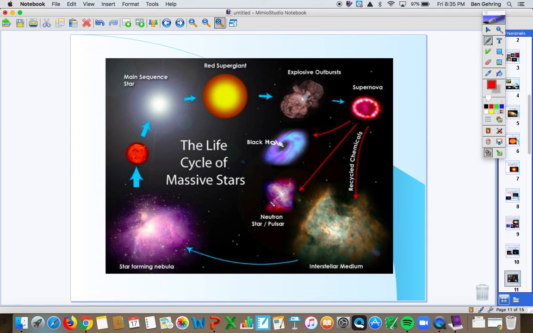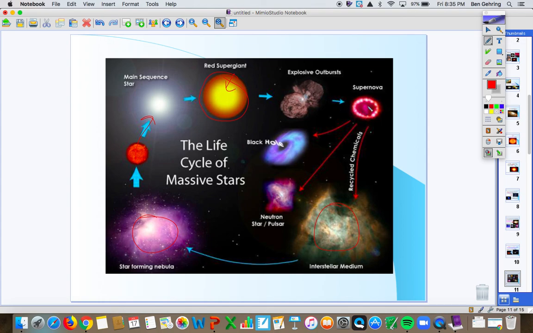So this is going to be your life cycle of a star. You have your interstellar medium here, which then you get your stellar nebula, which goes to a main sequence star up here. That will become a red giant or a red supergiant. Afterwards, when you get this to collapse, it goes supernova.